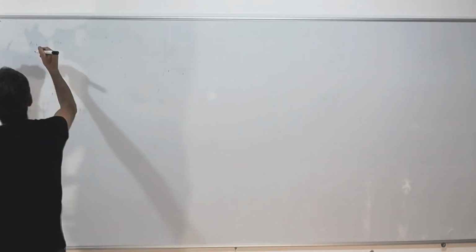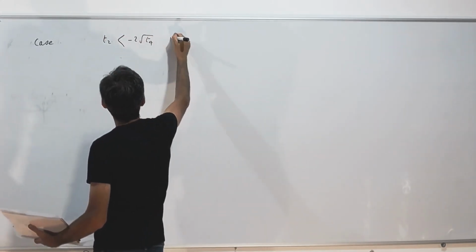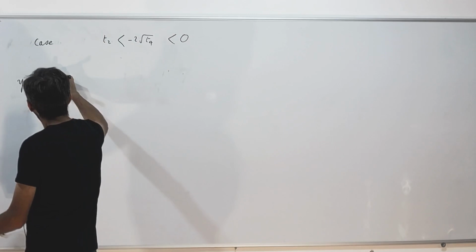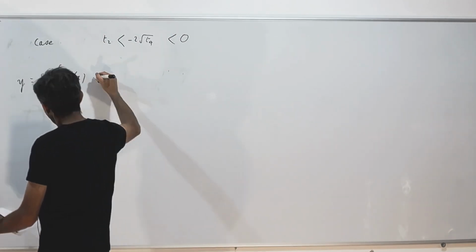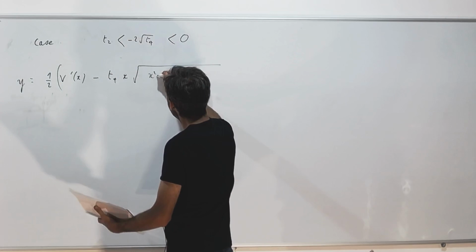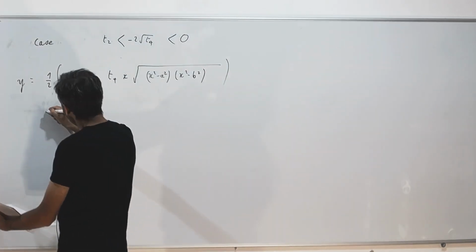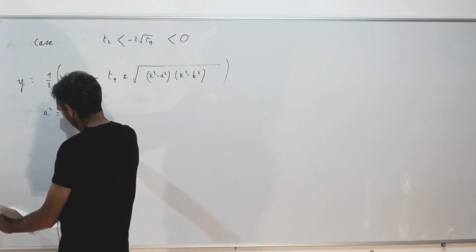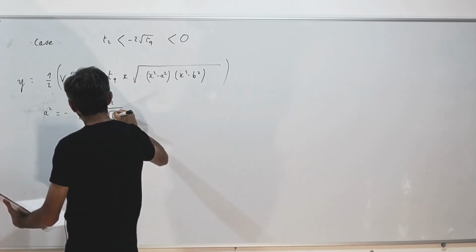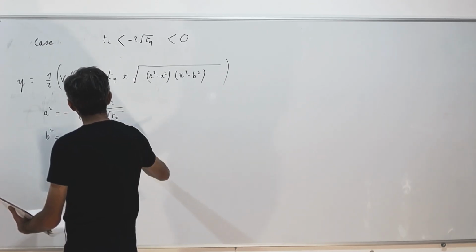In the case T2 is strictly smaller than -2 square root of T4, and in particular it's negative, then the formula is y equals 1/2 of V prime of x, same thing, minus T4 x times square root of (x squared minus a squared)(x squared minus b squared), with a squared equals minus T2 over T4 plus 2 over square root of T4, and b squared is minus T2 over T4 minus 2 over square root of T4.